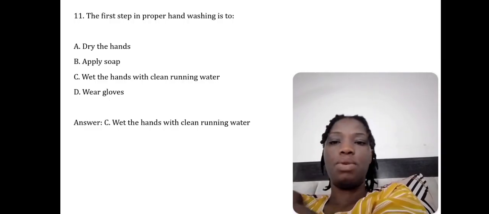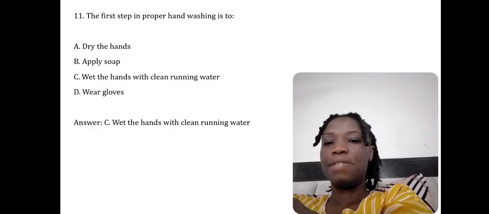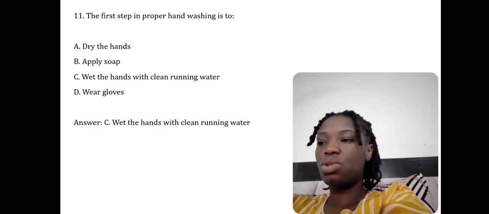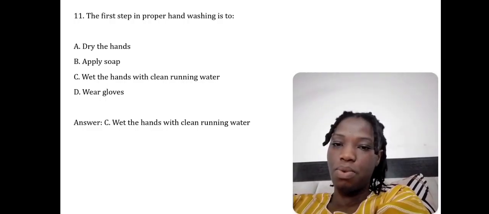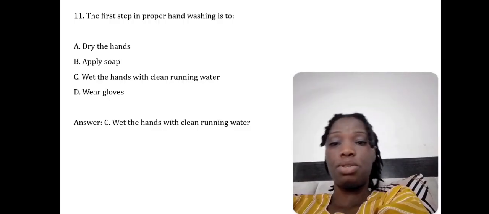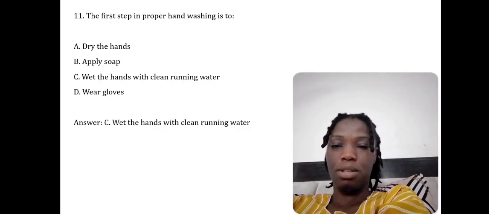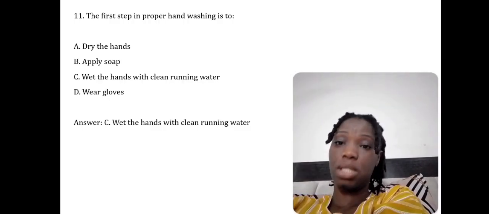Or some may say, I will check the patient's case note. But the first thing you should do when you want to check a patient's blood pressure is to greet the patient. That's the first thing.